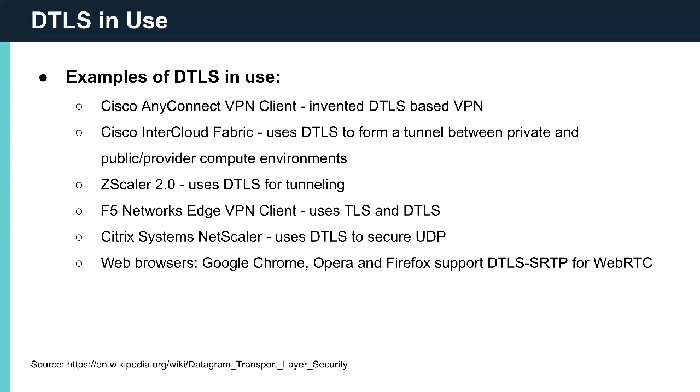Zscaler 2.0 uses DTLS for tunneling. The F5 Networks Edge VPN client uses TLS and DTLS. Citrix's NetScaler uses DTLS over UDP. And your web browser uses DTLS whenever you're using WebRTC, which uses DTLS-SRTP internally.